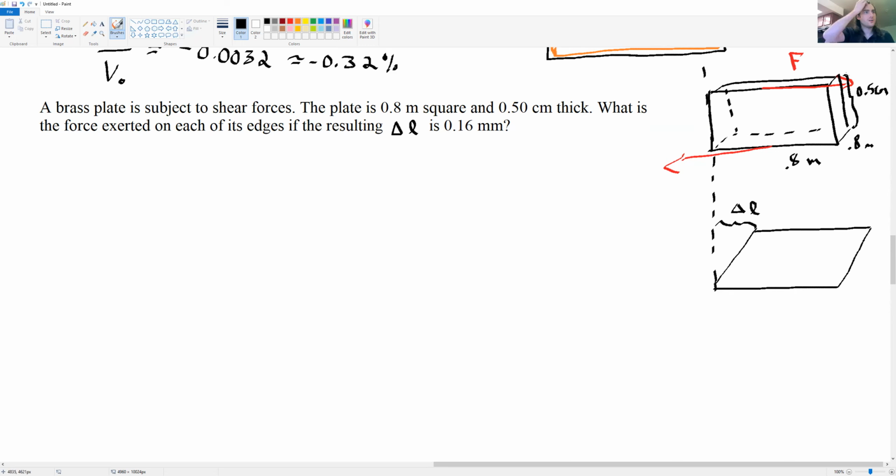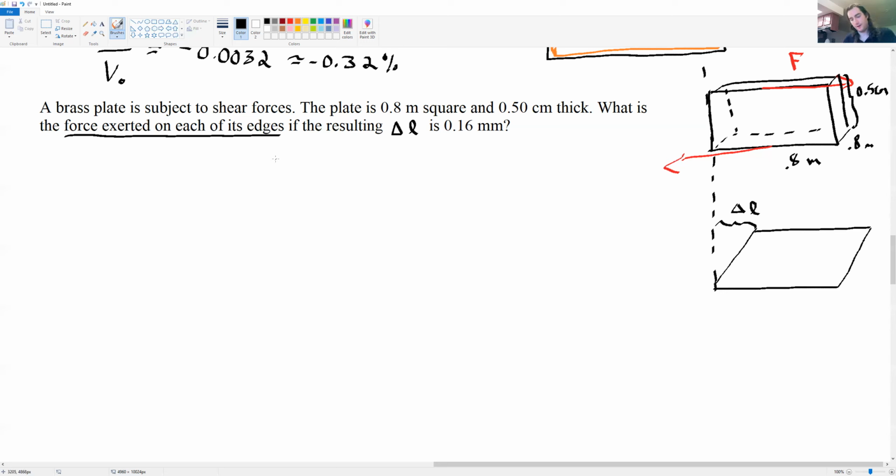It's not drawn to scale by any stretch of the imagination. So the task is to calculate the force exerted on each of its edges if the resulting displacement delta L is 0.16 millimeters.